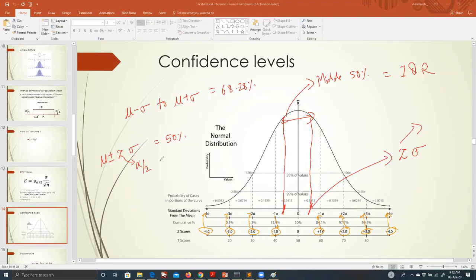This is alpha by 2, and similarly this is also alpha by 2, because you are leaving out both sides. If you are covering the middle 50% only, then alpha has to be 50% anyway, right? So alpha by 2 would be 0.25. So basically mu plus minus z 0.25, it is not written as a percentage, it's just written as decimals, sigma. Now the whole problem is, how do you know what z 0.25 is?